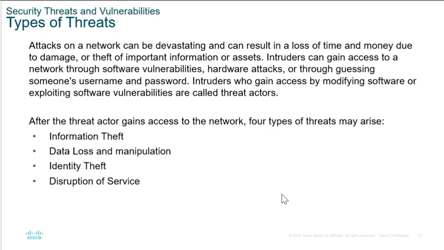That means mungkin kita ada install software yang mempunyai, for example, bug or vulnerability in coding yang boleh jadi pintu masuk bagi attacker. Also, there might be hardware attacks or maybe through human engineering. So, for example, guessing someone's username and password.